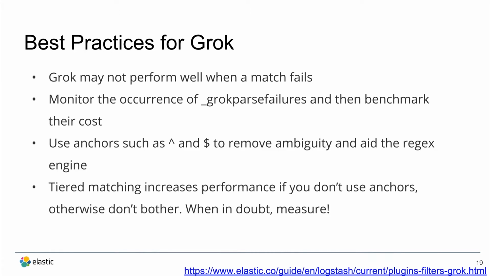So when in doubt, when you have the problem, please use our monitoring plugin of X-Pack, which is free, or you could also use our monitoring API or metrics API, which is there with Logstash and Elasticsearch. You can get more details from all of these. But we have a separate blog post about Grok best practices, what you should do and what you should not do, the dos and don'ts. You could go ahead and read it. I would definitely publish that with this slide deck.